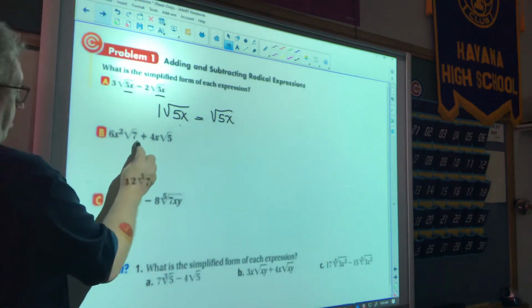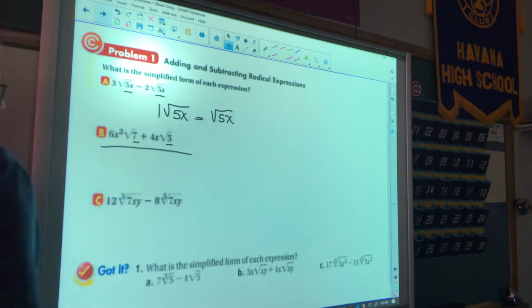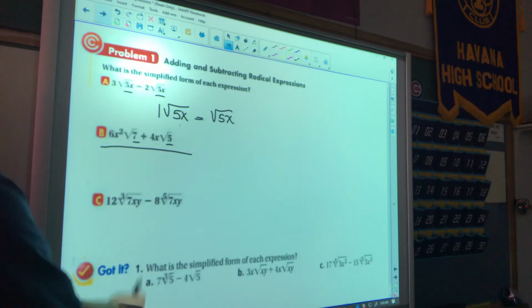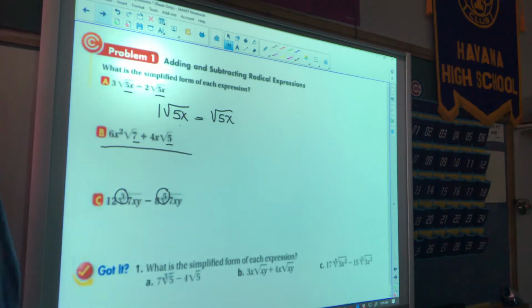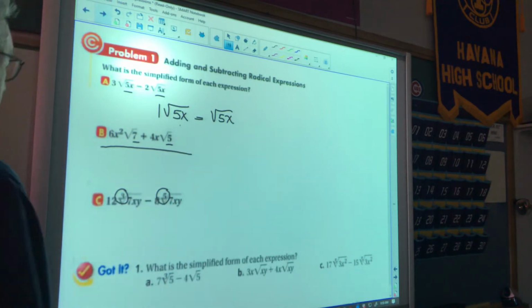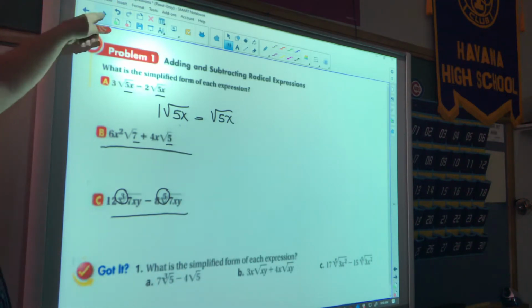Example B here, the bases are the same, so we can't do anything with that. That is what it is. We cannot combine anymore. And we look at C here, the indices. Here we have cube root, here we have fifth root, so we can't do anything with that. So we leave that the way it is.